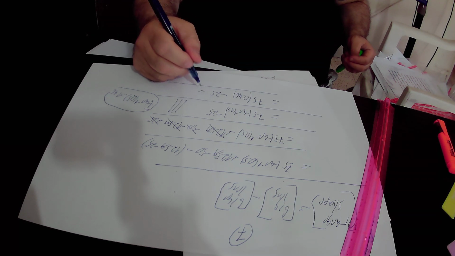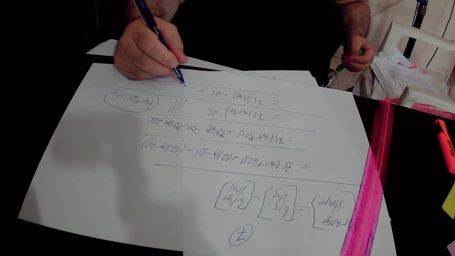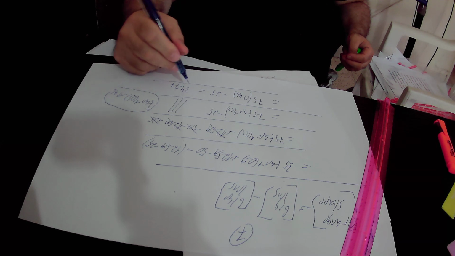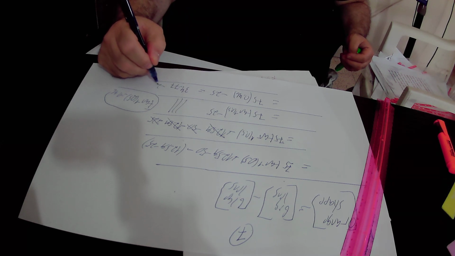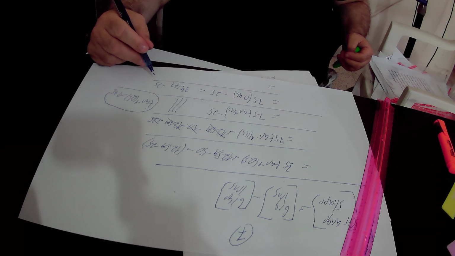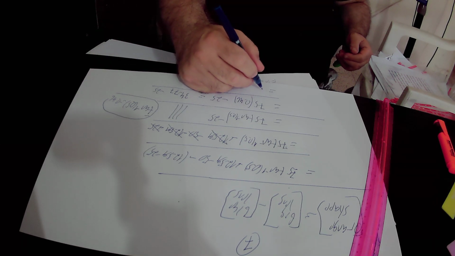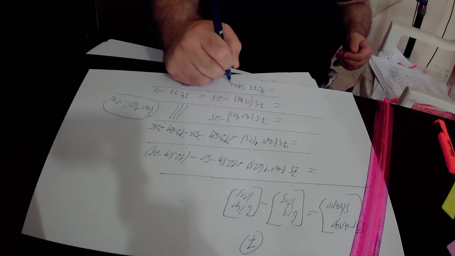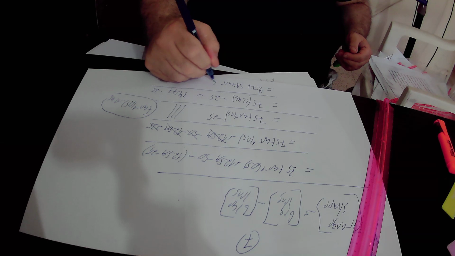Here 75 times 0.46 is 34.77, and we have to subtract 25. And 34.77 minus 25 equals 9.77 square units.